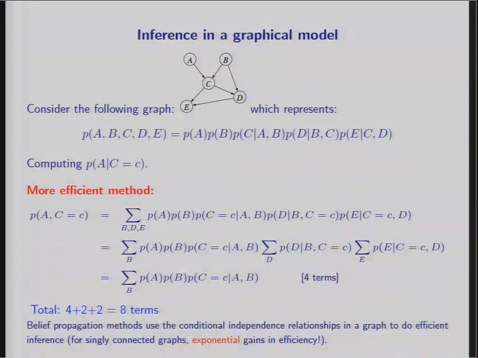So what does that correspond to in the graph? That corresponds to the fact that I wanted to know A given C. Okay? It turns out if I know A given its parents, it doesn't have parents, its children, and the parents of its children, that would be B, then everything else is independent, right?